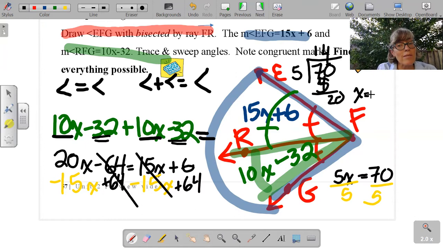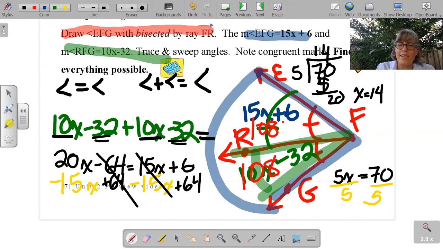But wait, there's more. It's very important that you get in the habit of finding everything possible. So right here, 10 times 14 is 140, minus 32 is going to be 108. So obviously, this is two obtuse angles fit together, which is entirely possible. It's just not drawn to scale.